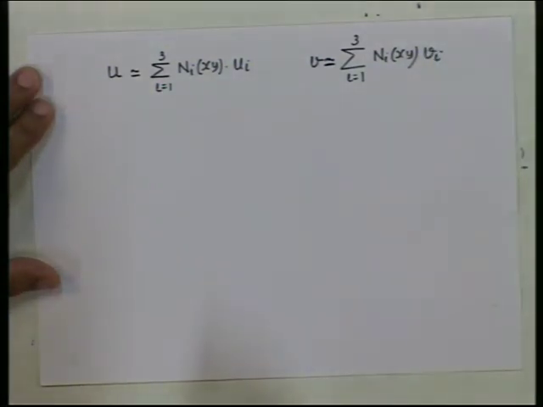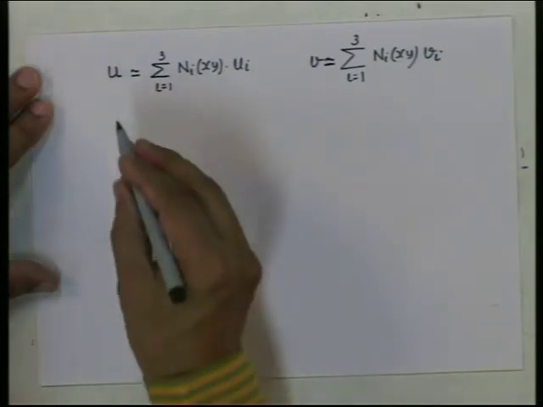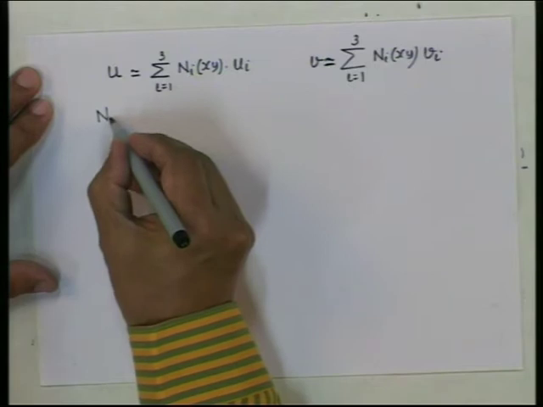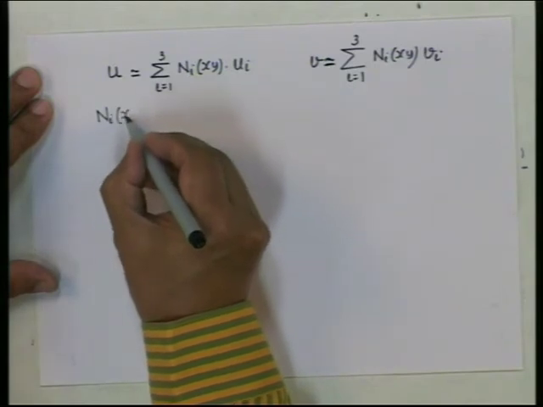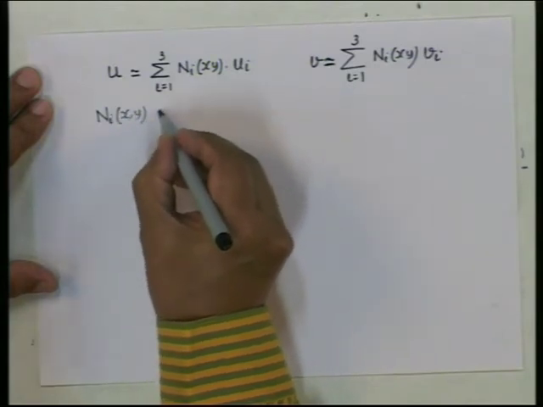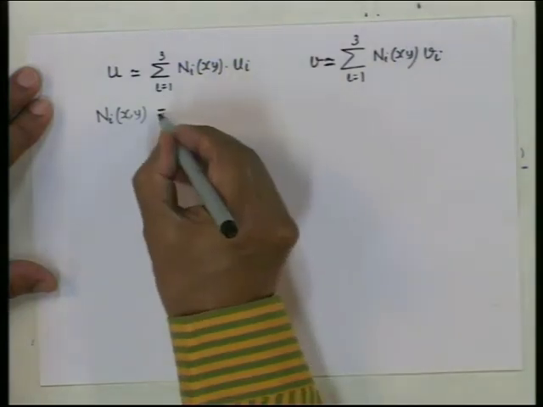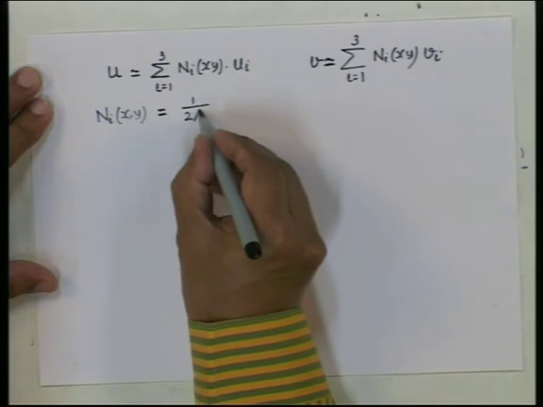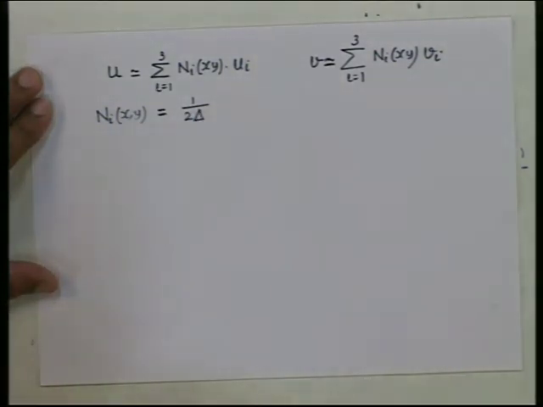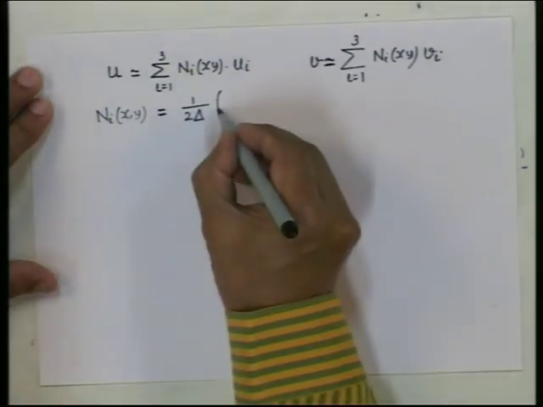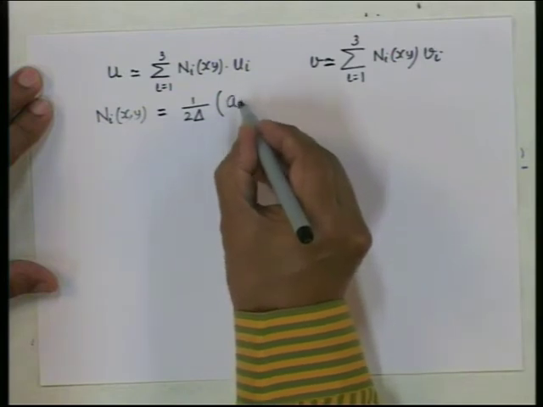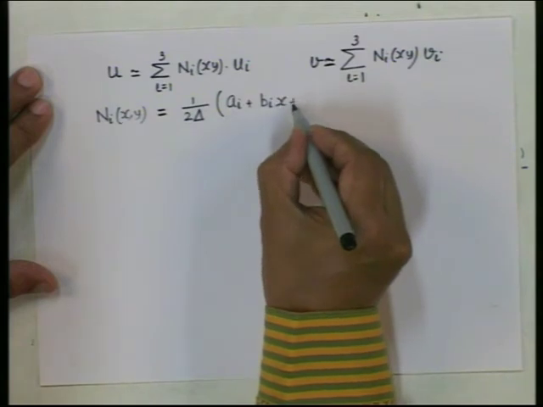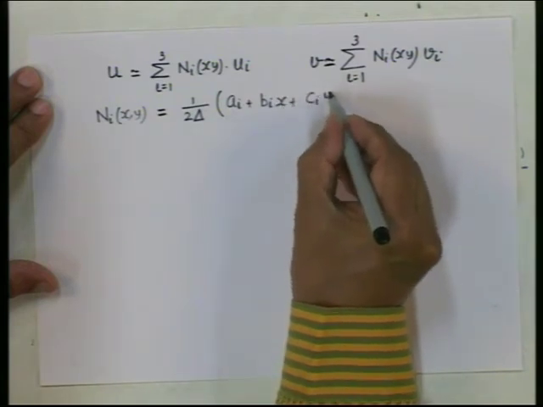Ni are the shape functions. I do not want to go into the details, but any nodal shape function can be written, after a little manipulation, as 1 by 2 delta, where delta is the area of the triangle, into Ai plus Bi x plus Ci y.